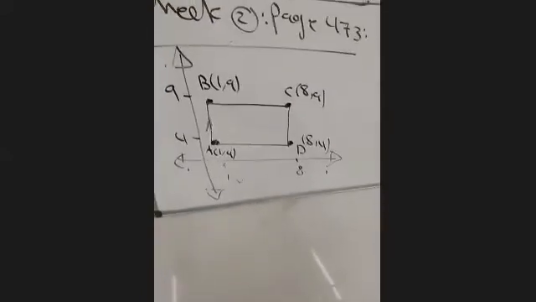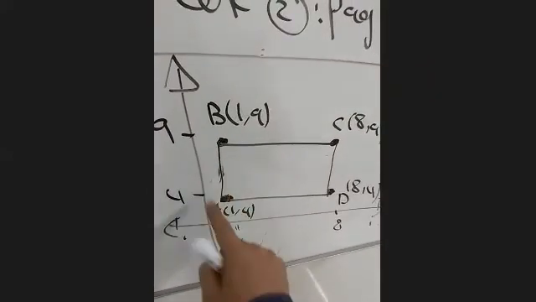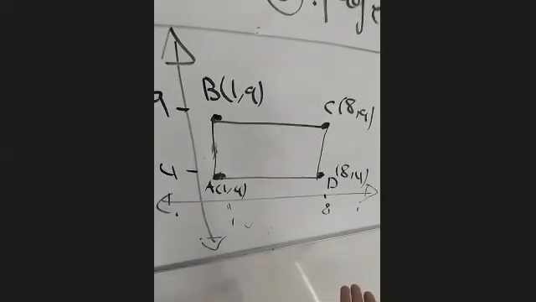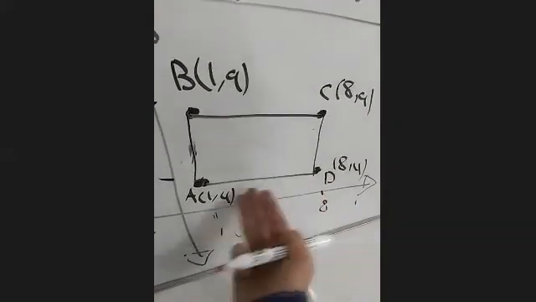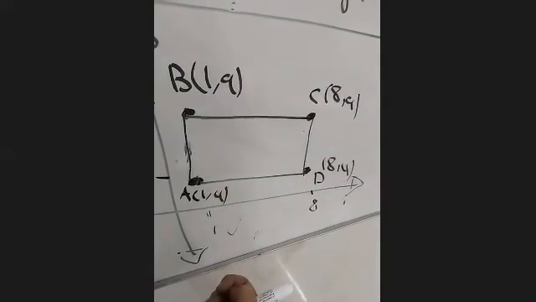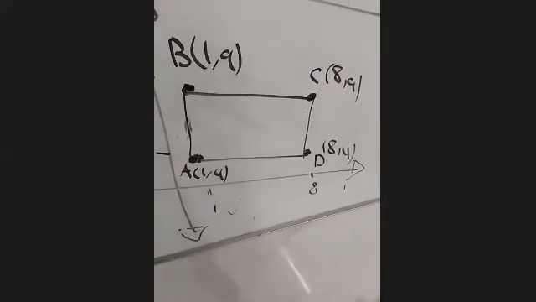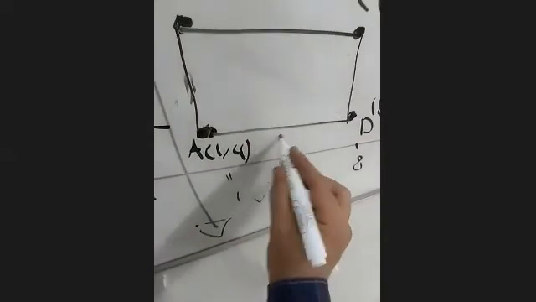What do we need to do, Yusuf, to find the perimeter here? We need to find the distances around, right? Between 1, 4 and 8, 4, what's the distance? The 4s are gone. 8 minus 1 is 7.